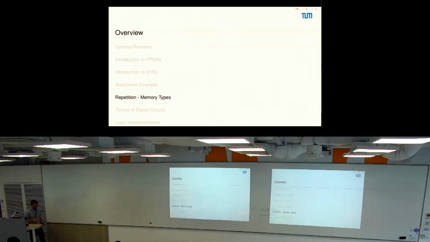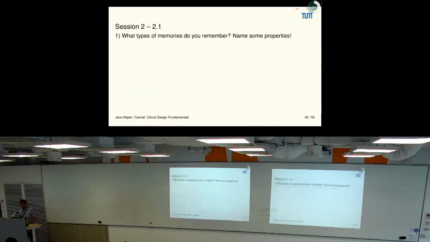Okay, this was everything about the first session, about lookup tables and how FPGAs are built. The next topic we're going to discuss is different memory types. The first question is, what types of memories do you remember?